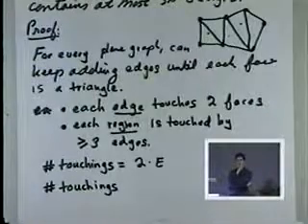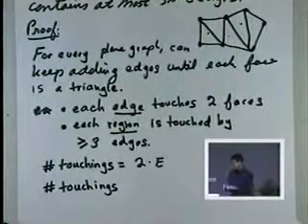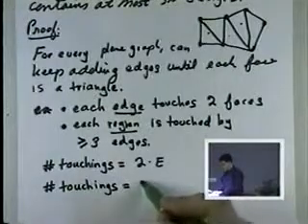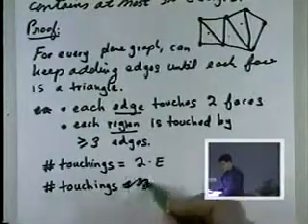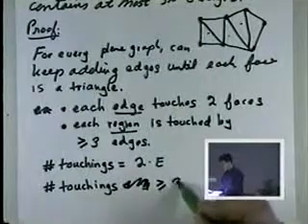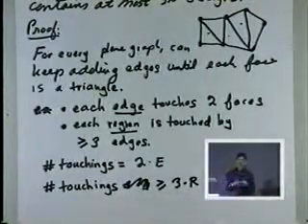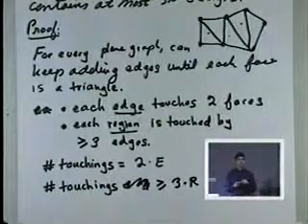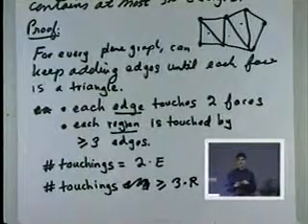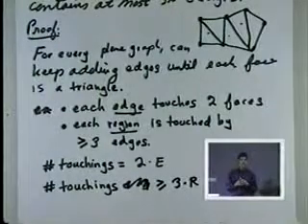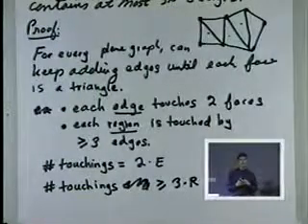So the number of touchings is also greater than or equal to 3 times the number of regions, because each region is touched at least 3 times.